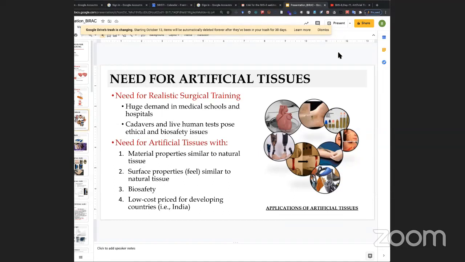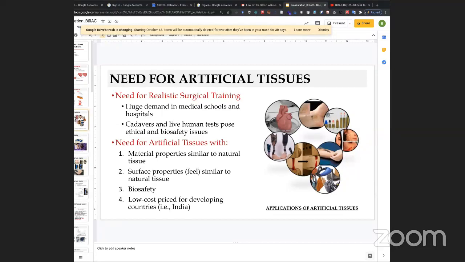However, maintaining a cadaver and actually getting a cadaver is much more difficult. Getting it into a medical school, you have to go through a lot of ethical approvals. There are maintenance issues. You need the right amount of freezers and the right amount of hydration, otherwise the tissue might go bad, and these kinds of issues attract a lot of biosafety issues.